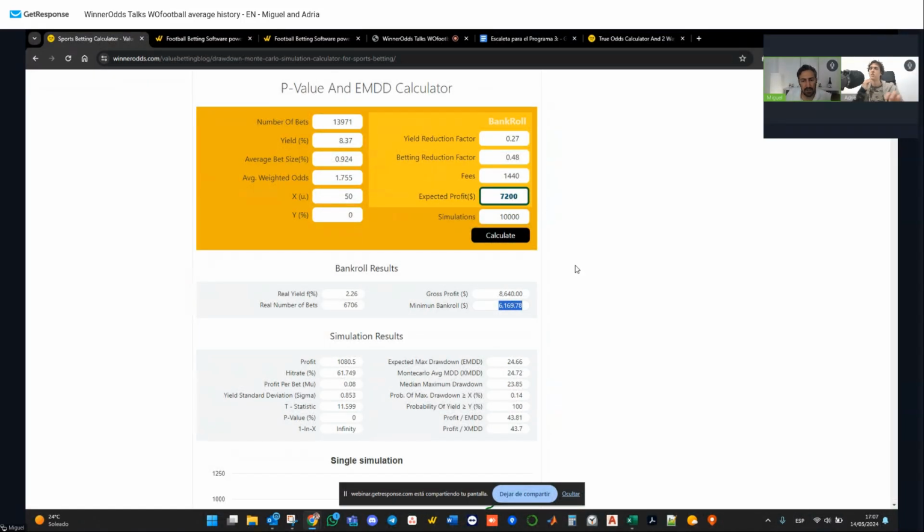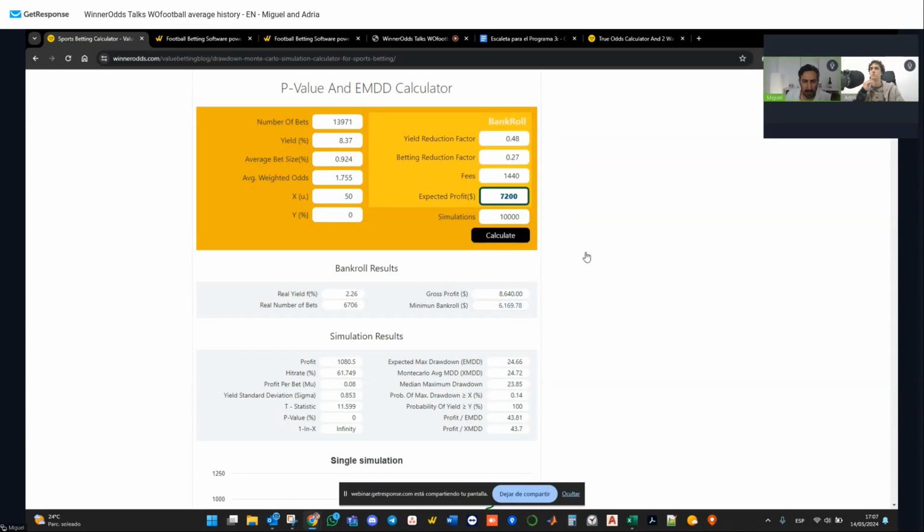Okay. So someone in chat is asking if the 0.27, that's the followability, right? Should that be in yield reduction factor or betting reduction factor? Okay, it's the opposite. Yeah, that doesn't make sense. Sorry, my mistake. The yield reduction was 0.48.